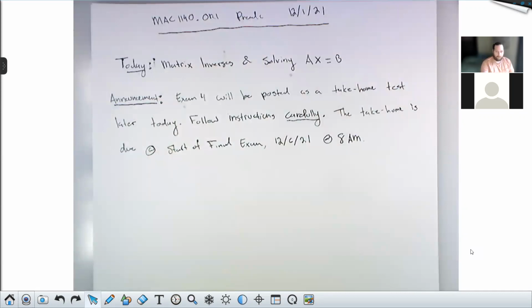So last time we kind of expanded our understanding of matrices and their connection to linear systems. We had seen previously that you can take a linear system and write it as an augmented coefficient matrix. We can reduce that augmented coefficient matrix using row operations.